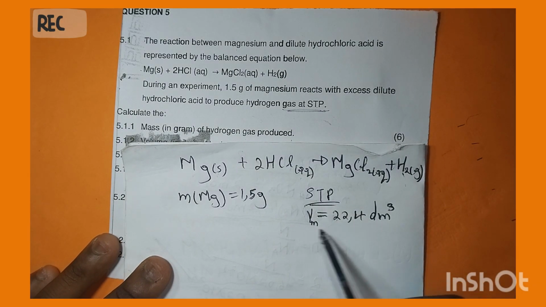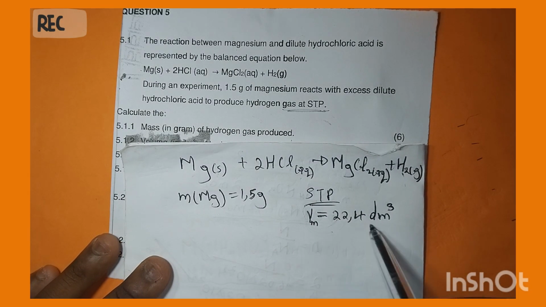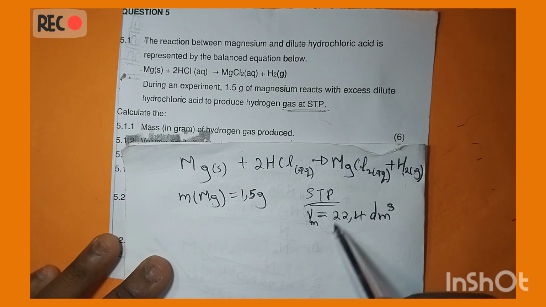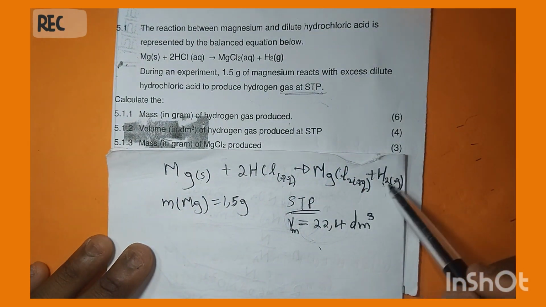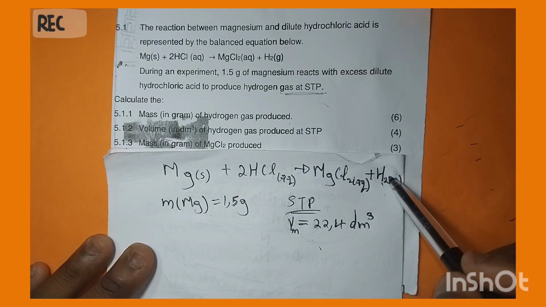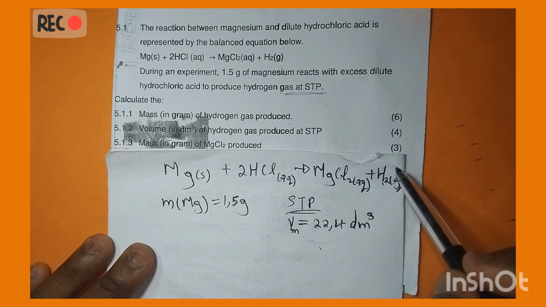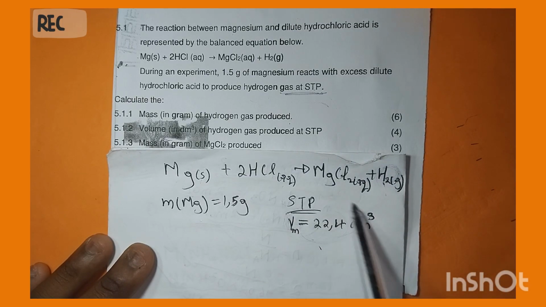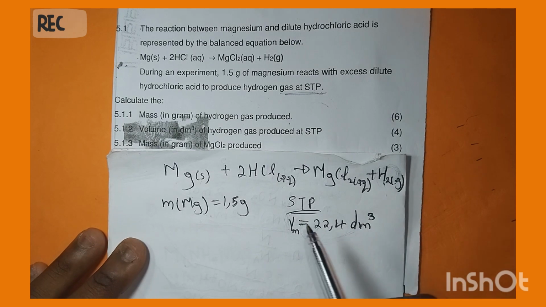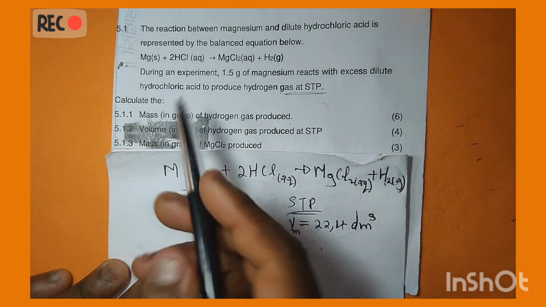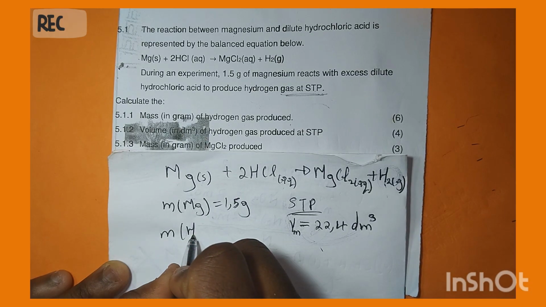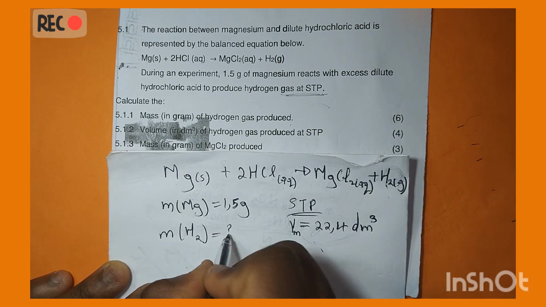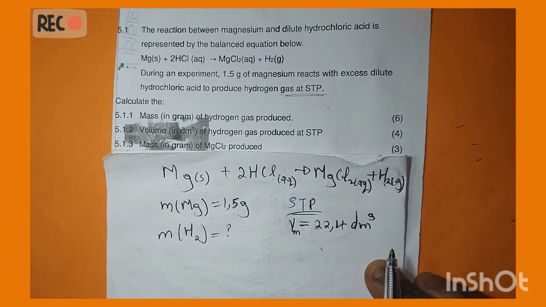So we know the volume of a gas at STP, and the one which is a gas there is hydrogen. Now the question is asking about the mass of hydrogen gas. How can we get that mass?